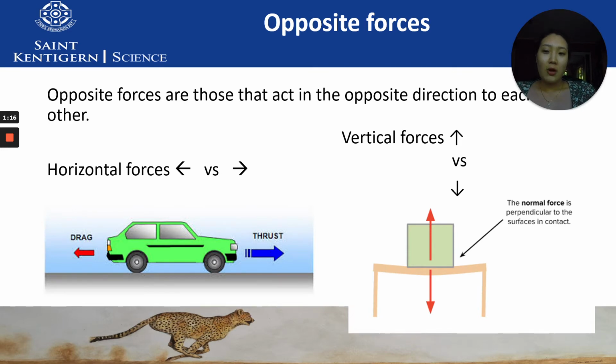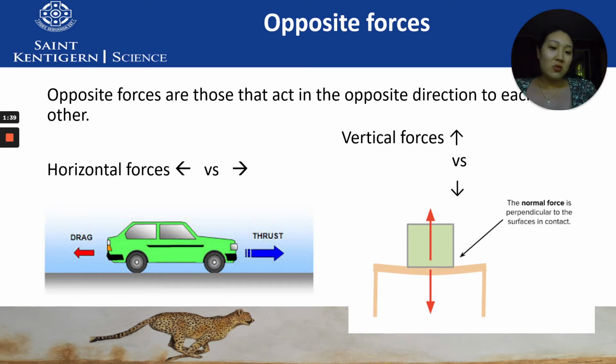Opposite forces are those that act in the opposite direction to each other. We have horizontal forces acting opposite to each other. In this example we have drag pointing left or backwards and thrust pointing right or forwards, and they're opposite to each other.